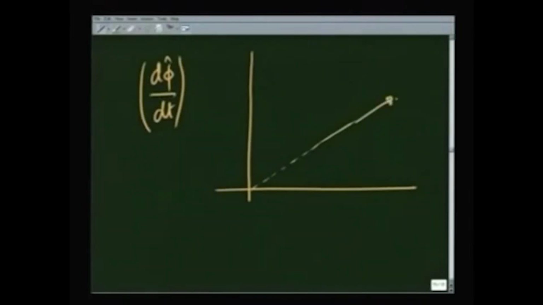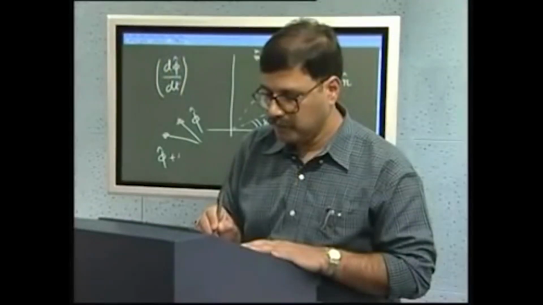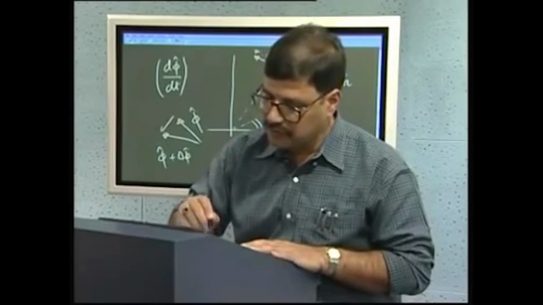If you look at it geometrically, this was my r unit vector and this is the phi unit vector. When I move to a new position, this was phi, this is phi plus delta phi. Both unit vectors have also moved from their original direction by angle delta phi. So, original phi was something like this, which is this vector, and the new phi is like this, and this is the change delta phi in the unit vector.